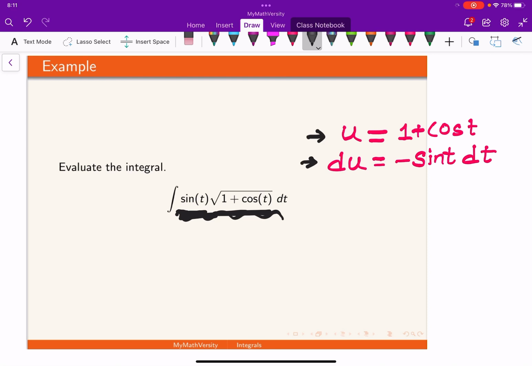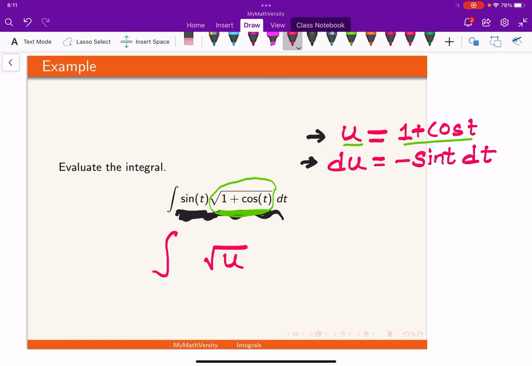Okay, so let's keep the integral sign here as it is, and look at the term under the square root sign first. Here we have 1 plus cosine t, and we supposed 1 plus cosine t is u. So instead of the square root of 1 plus cosine t, we can write the square root of u, right?